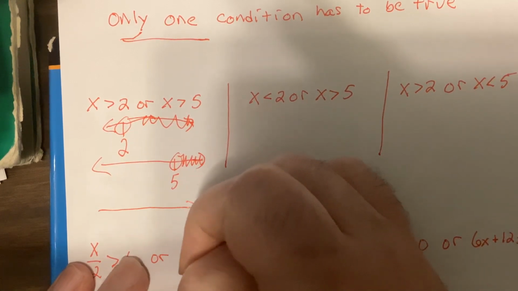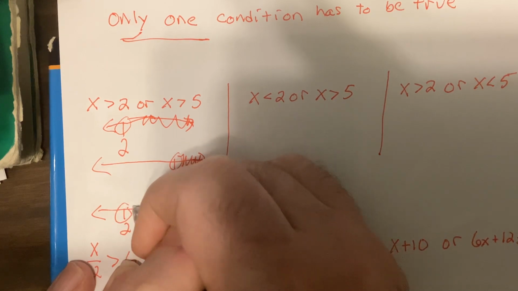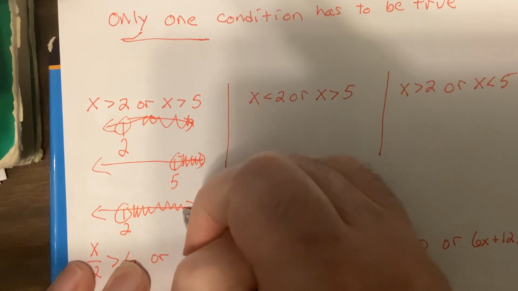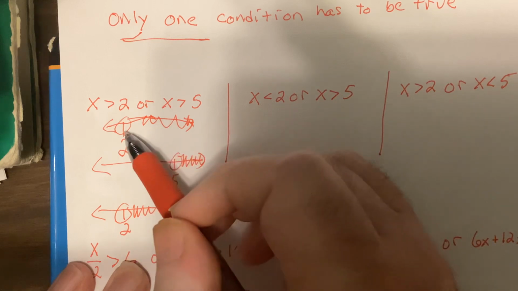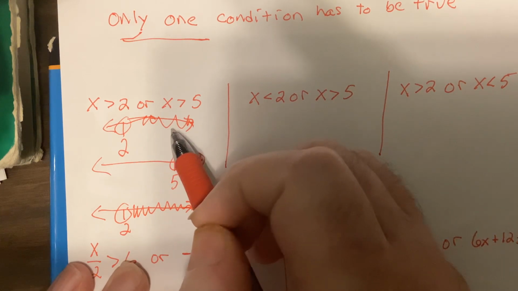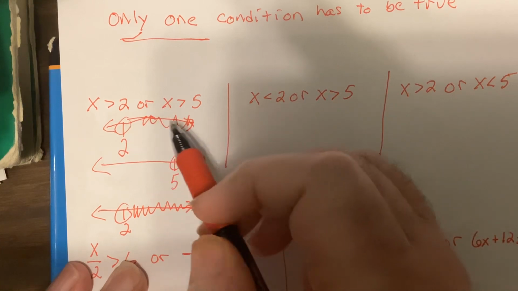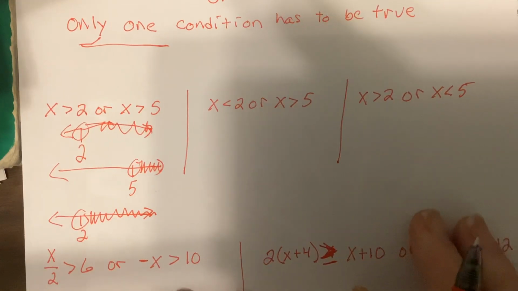So the answer would be everything bigger than 2. So if it's an or and going in the same direction, it's the longer one. It's the longer one. Is that annoying enough? Let's try one more.